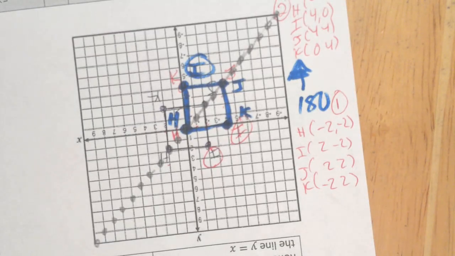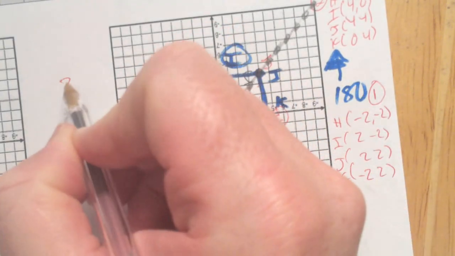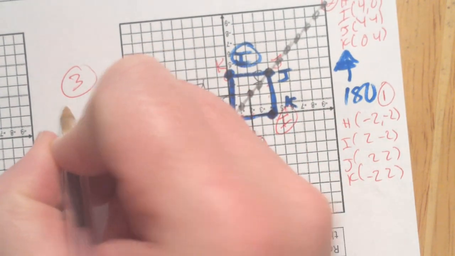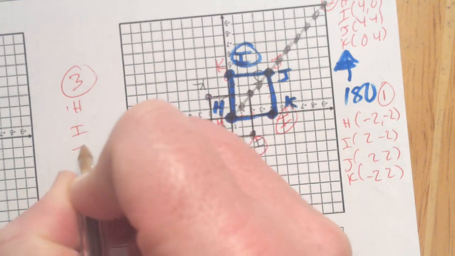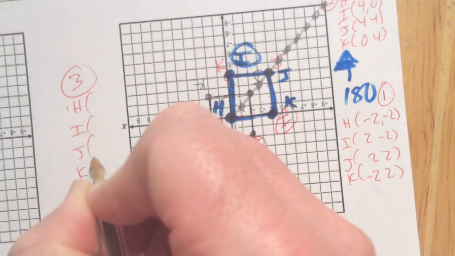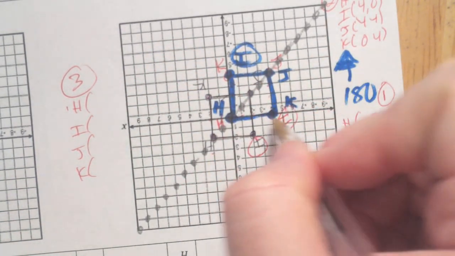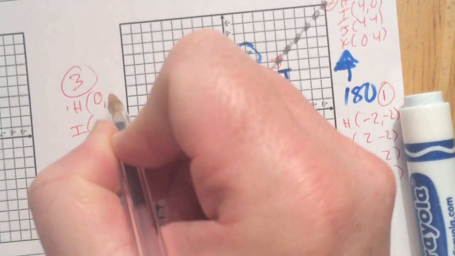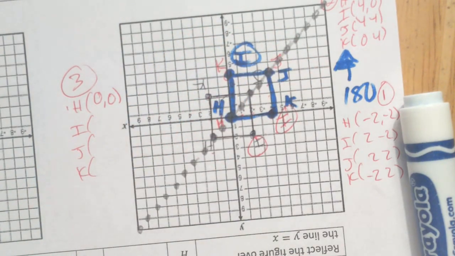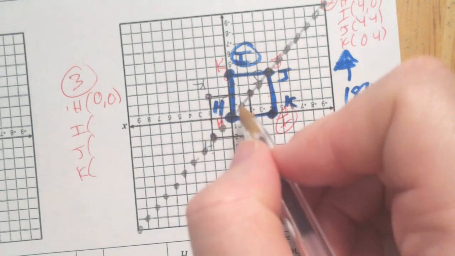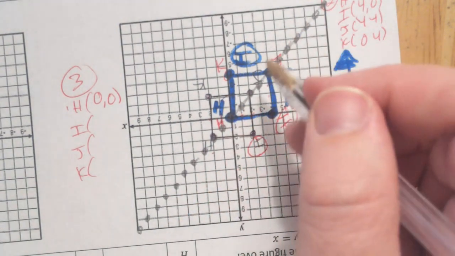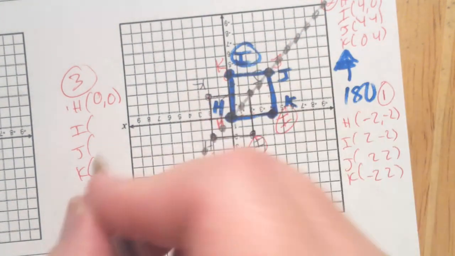So where are those coordinates? Our third and final action, HIJK. Your H was at 0, 0. Your I, which is right here, is at 0, 4.